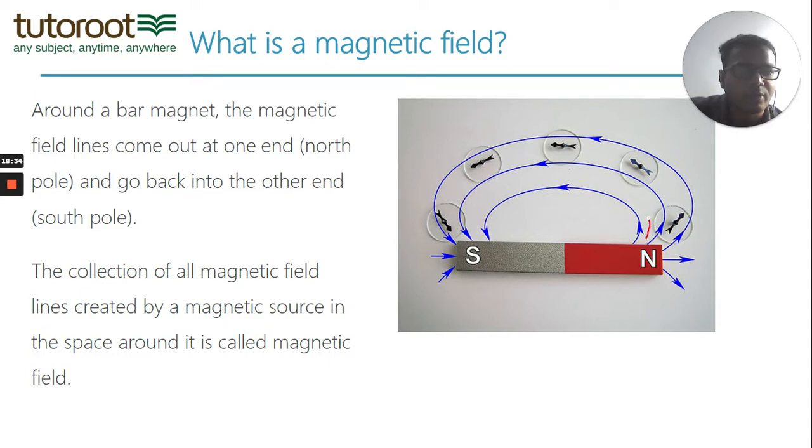Obviously if you keep a compass in between here, you can draw one more line in between. In fact, you can draw infinite lines in between these 2 lines. So it's not very important how many lines you draw, you just give a general idea. Obviously there are infinite magnetic field lines, so you cannot draw each and every line, but you try to give an idea by drawing 3-4 lines.